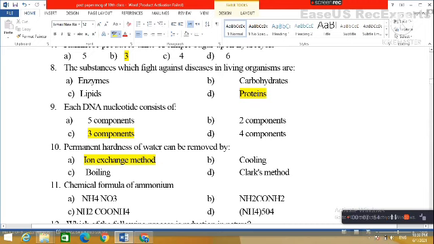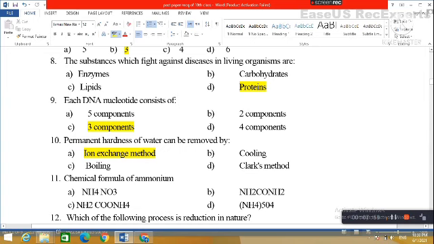Question number 11. Chemical formula for ammonium carbamate. Actually, this is ammonium carbamate, not only ammonium.